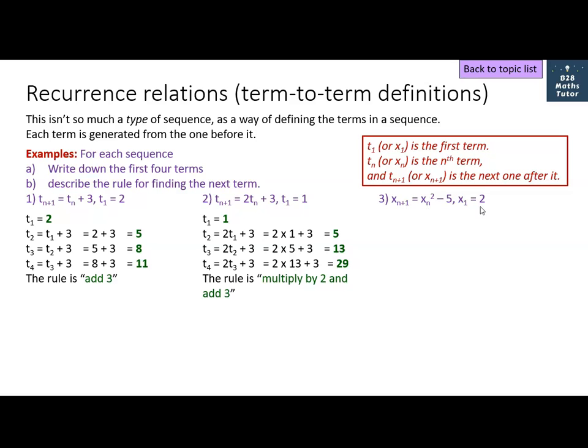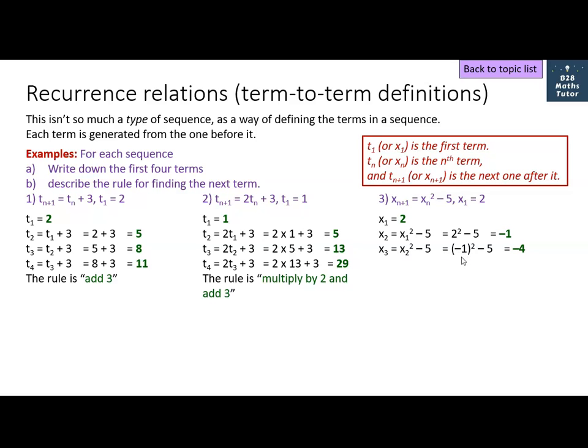With this one, we're starting off with 2, so our first term is 2. And then to get the next term, we have to square the 2 and take away 5. So your second term is your first term squared, take away 5, so that's 2 squared, which is 4, take away 5, giving you -1. Our third term is the second term squared and take away 5.